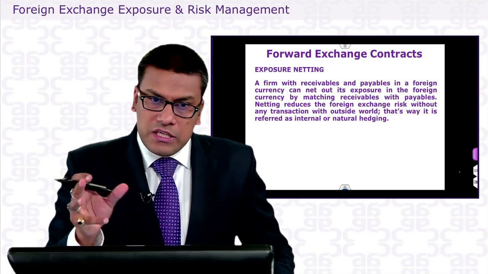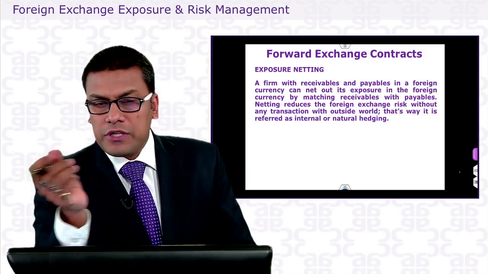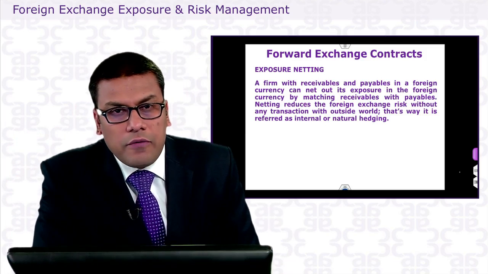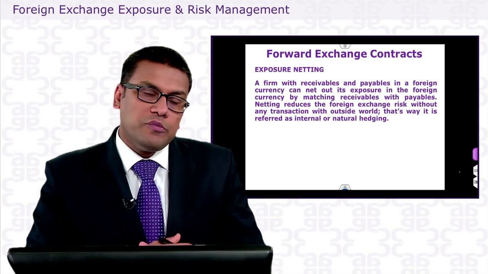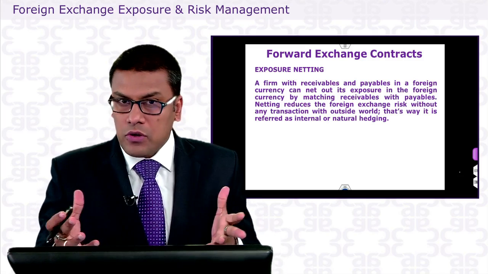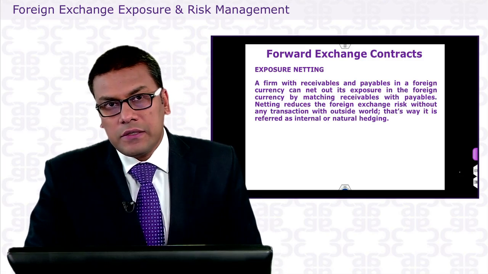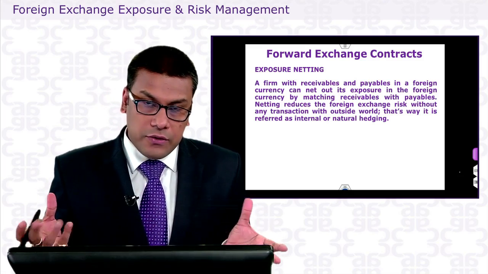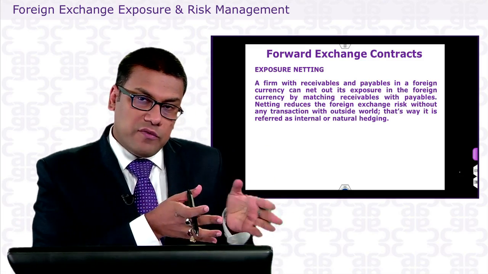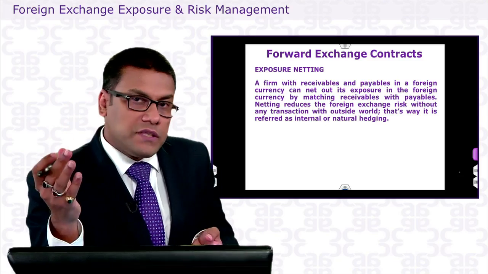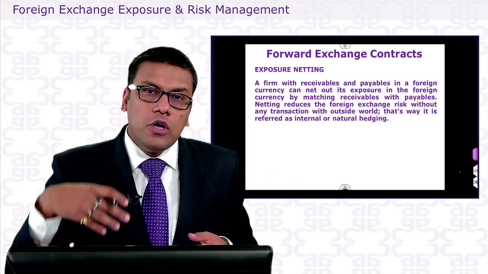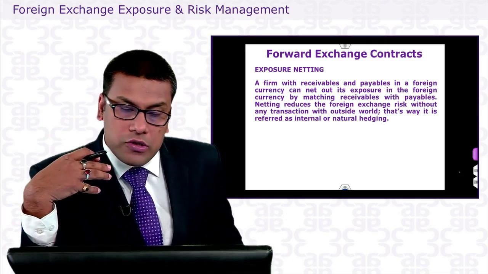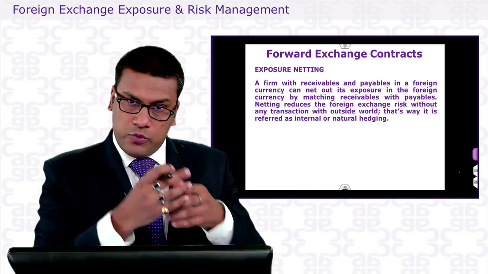Okay, such netting would reduce the foreign exchange risk exposure without any transaction cost, without any kind of commission that you normally would pay to the outside world, and that's why it's referred to as internal or natural hedging. Like in the earlier example we saw that you were supposed to pay $50,000. Now if you are a firm that is also going to receive some dollars or some other foreign currencies, then that exposure can be netted.